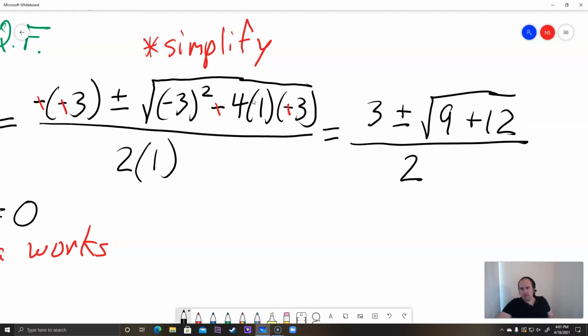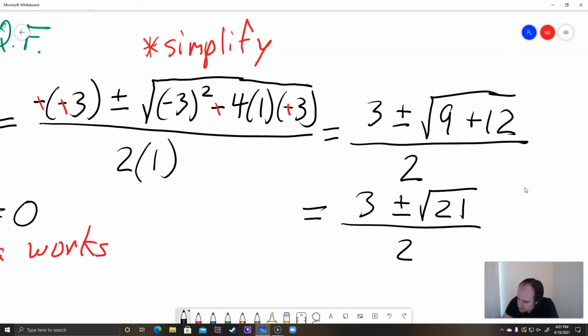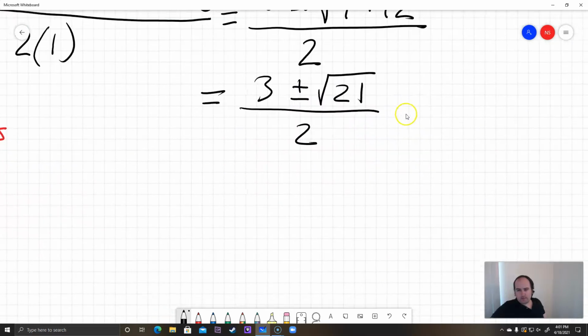Okay? And then how do we finish the problem? Well, 9 plus 12 inside of the square root is actually 21. Okay, so we have 3 plus minus the square root of 21 all over 2. Now, for the square root of 21, remember that 21 is 7 times 3, and 7 and 3 are both prime numbers, so we aren't going to be able to simplify that square root.